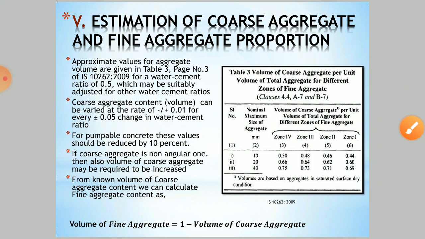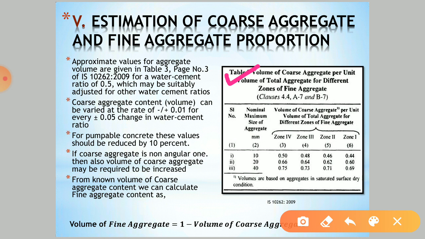Next is the fifth stage, estimation of coarse aggregate and fine aggregate proportion, meaning in which proportion we have to use these aggregates. For this, Table 3 is useful for deciding the volume of coarse aggregate per unit volume of total aggregate for different zones of fine aggregate.